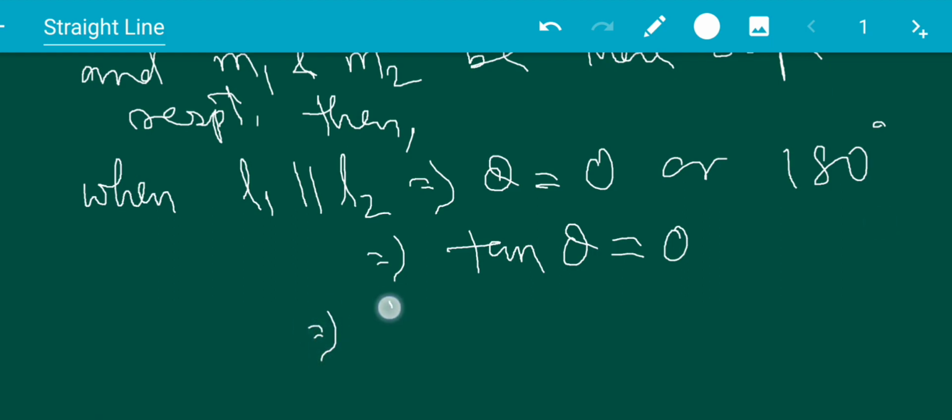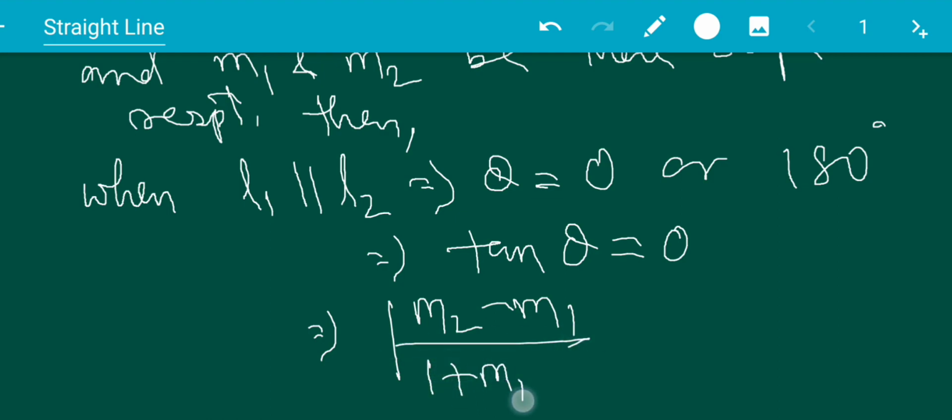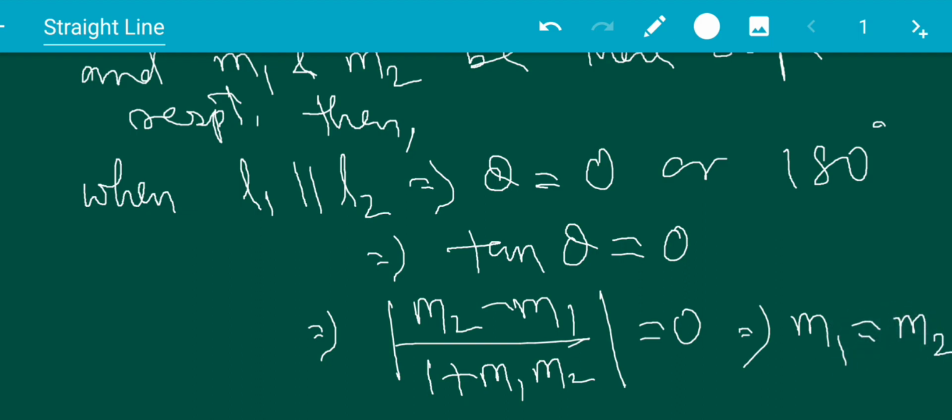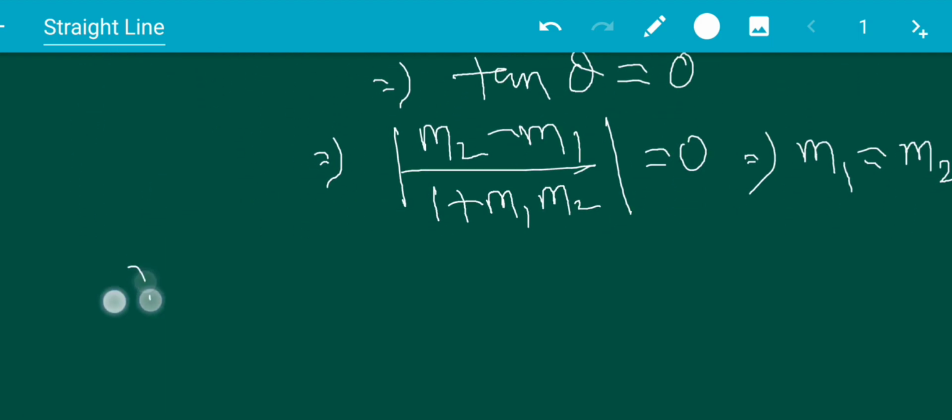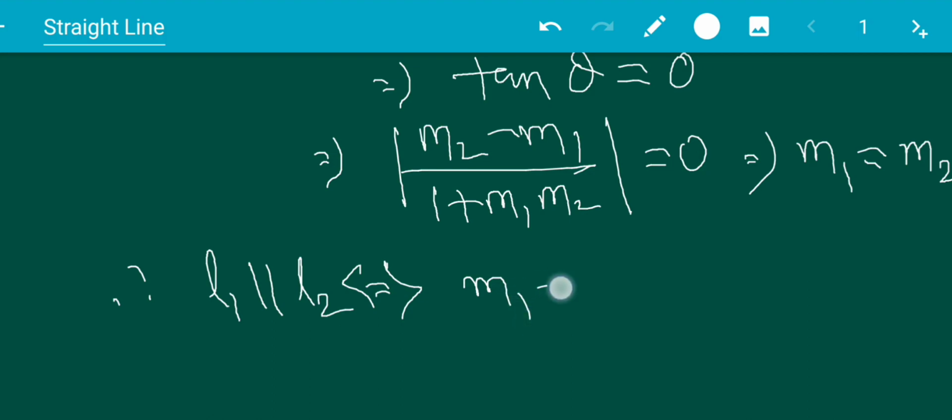This implies mod of m2 minus m1 divided by 1 plus m1 m2 is equal to 0. This implies m1 equal to m2. It means, therefore, L1 parallel to L2 implies and is implied by their slopes being the same.